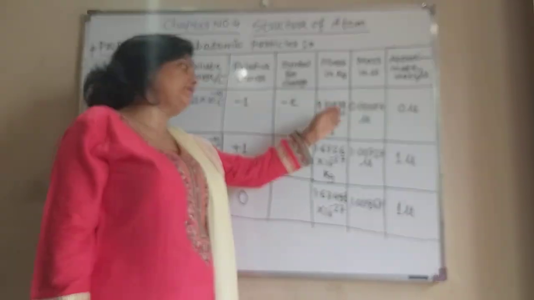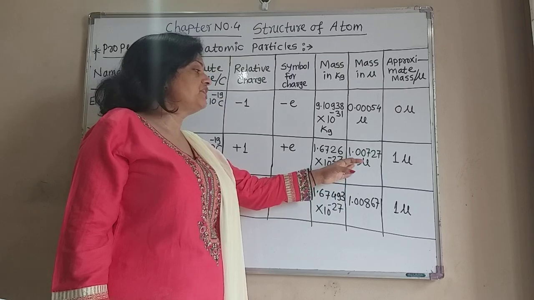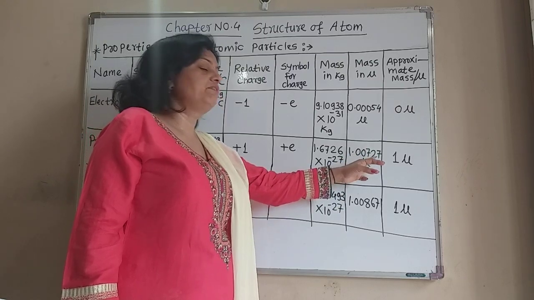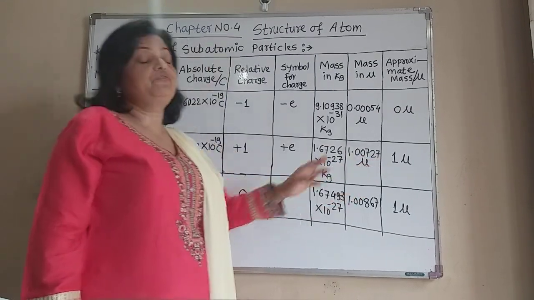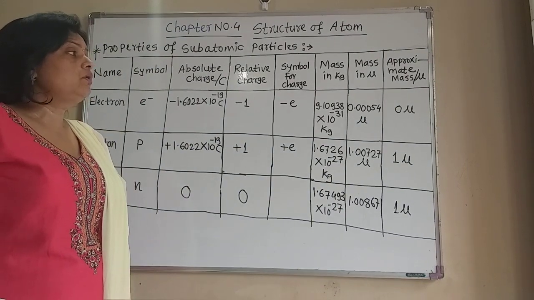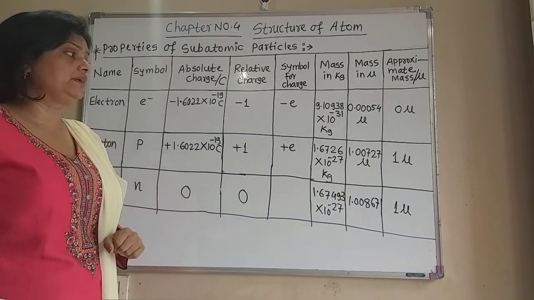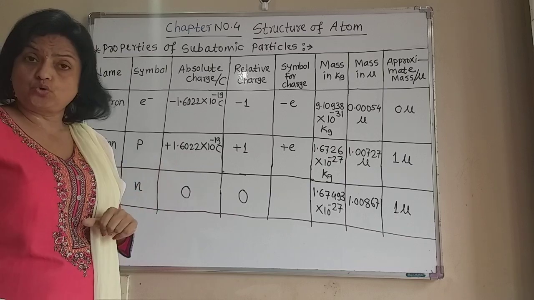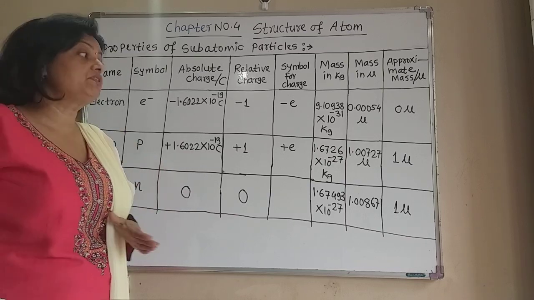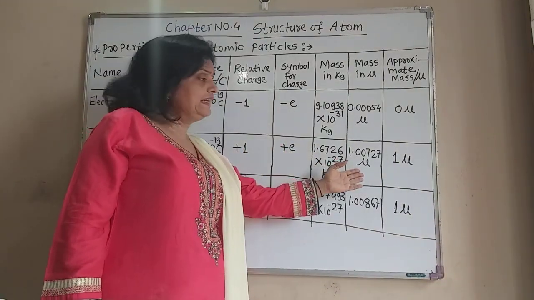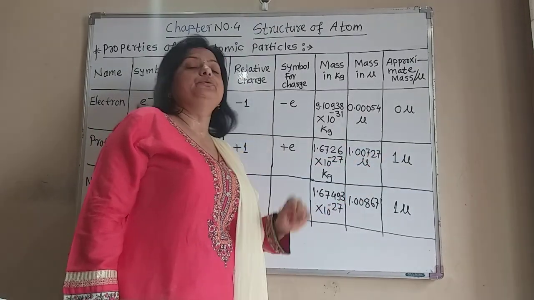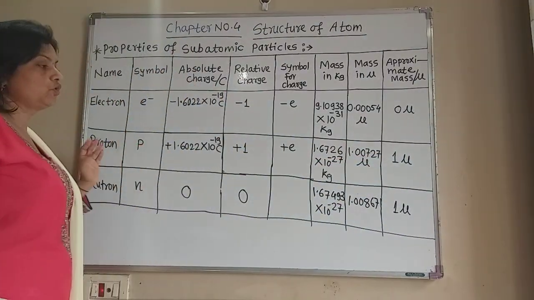And in unified mass units, the mass is 1.00727 unified unit. As it is 1.00727, it is approximately taken as 1 unified unit, the mass of the proton.